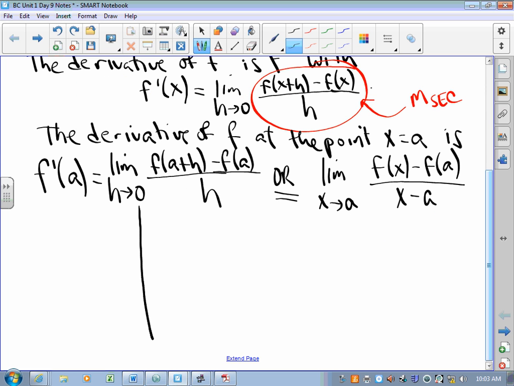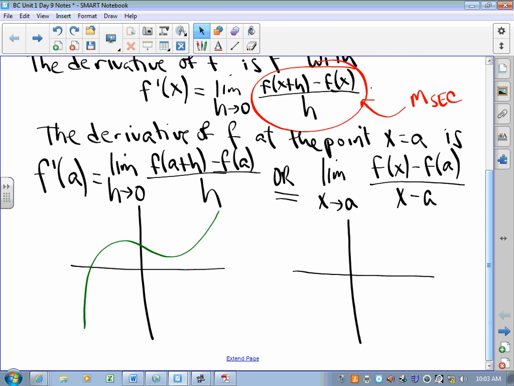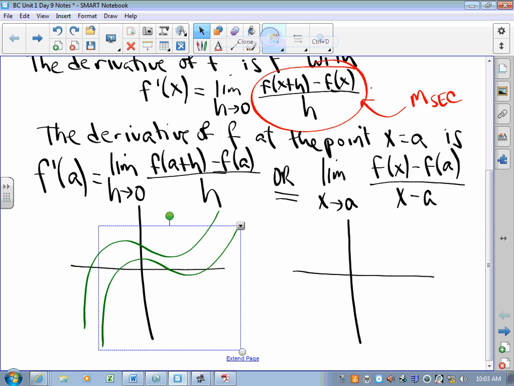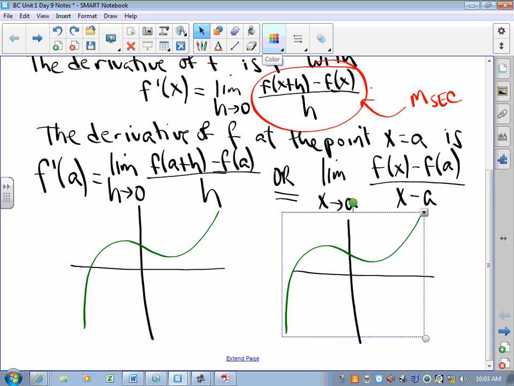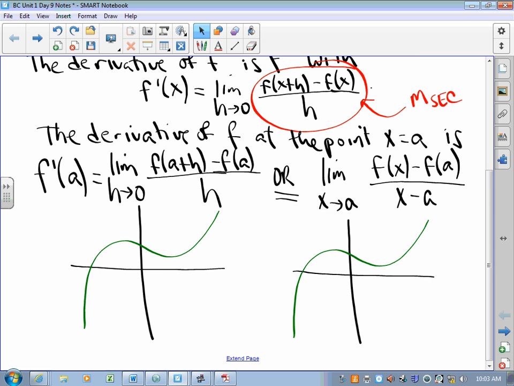And I'll do 2 quick pictures so that you know that what we're really talking about is the same thing. Generic function, and I'll clone that so that it's exactly the same over here. In the case on the left, we're picking a generic point a.